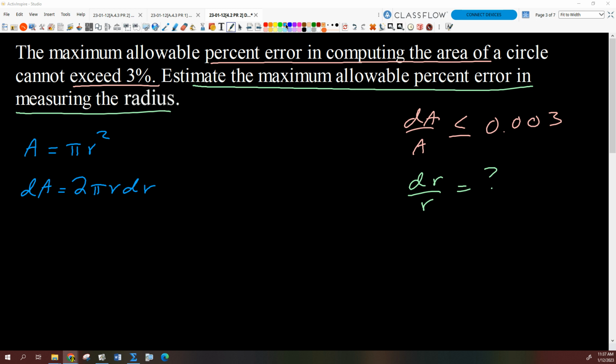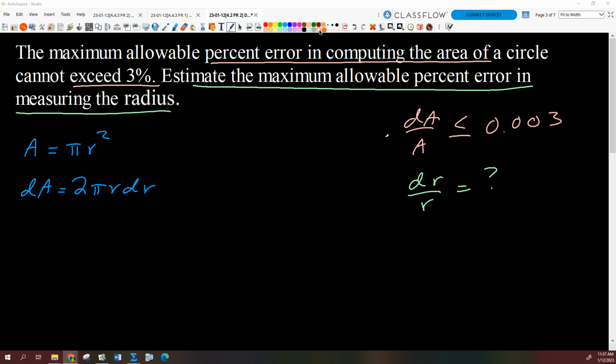Okay. So how do we proceed then? What do we know to begin with? What are we starting with? Yeah, the 3% one, right?